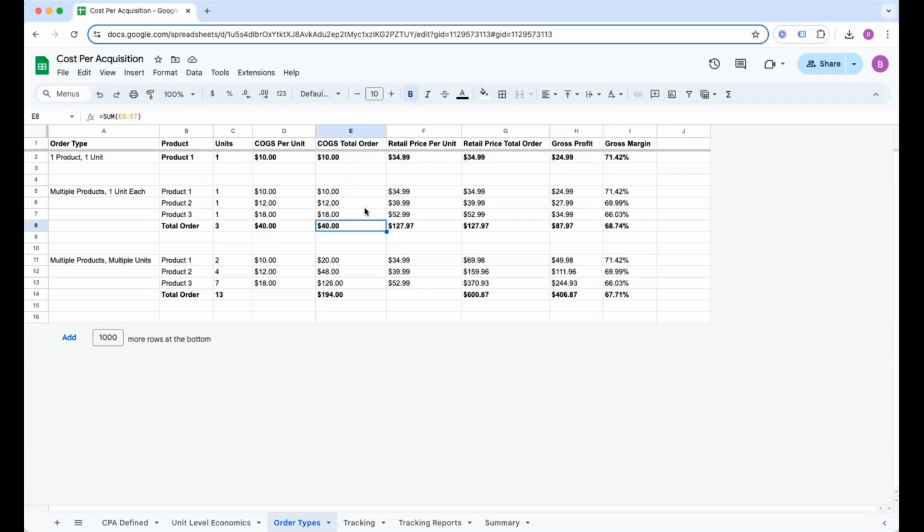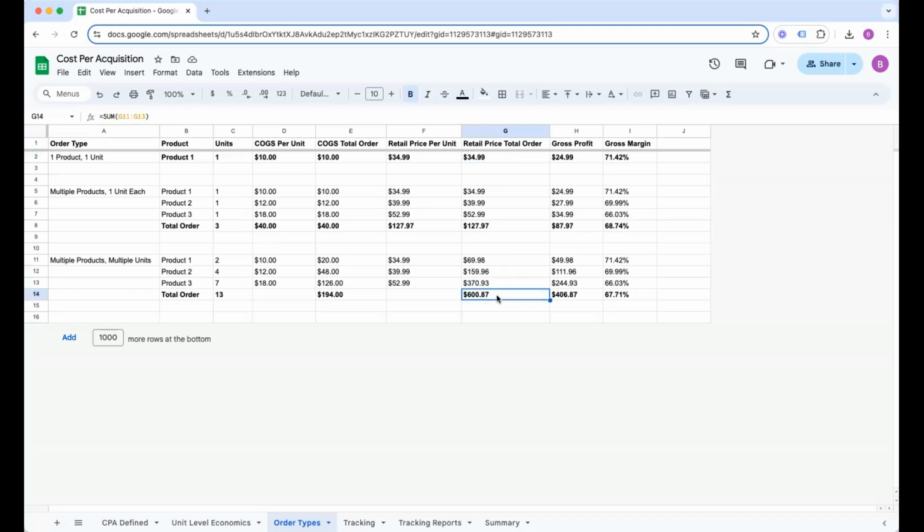So a little bit different. Now we have a rolled up amount of gross profit here and a bigger average order value here. And then even more complex would be a business that sells lots of products and multiple units of those products, something along these lines. So that could be your average order size right here.